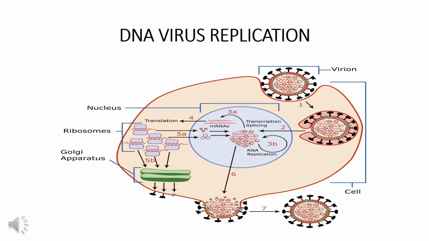Then messenger RNAs, by using the host cell ribosomes, form special proteins. These special proteins then use the Golgi apparatus or endoplasmic reticulum of the host cell and form the structural protein of the virus. The major thing about this whole theory is that the DNA of the virus replicates inside the nucleus of the host cell.